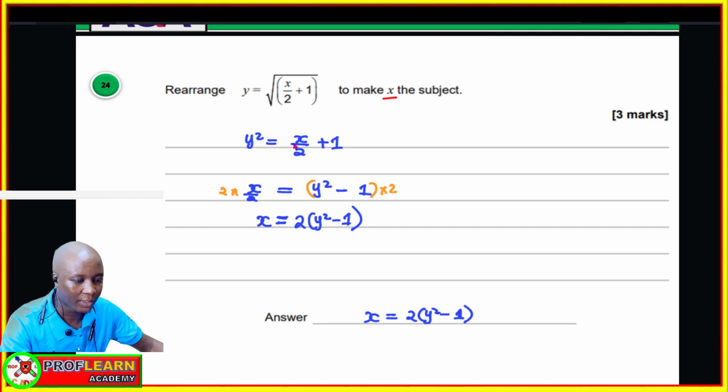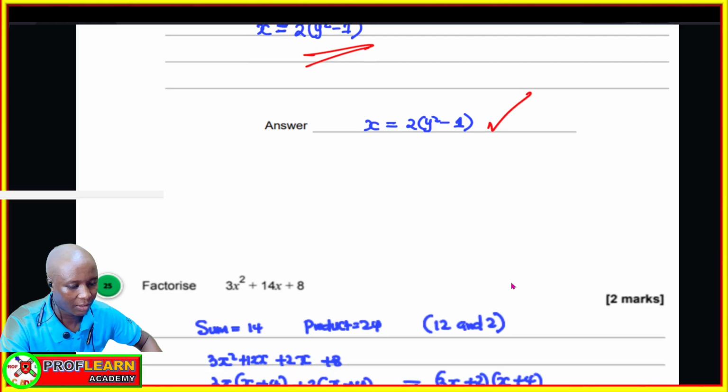I'll have y squared is equal to x over 2 plus 1. Then I'll take 1 to the other side, so that I had y squared minus 1. Then I multiplied by 2, and in that way I've made x the subject of the formula.